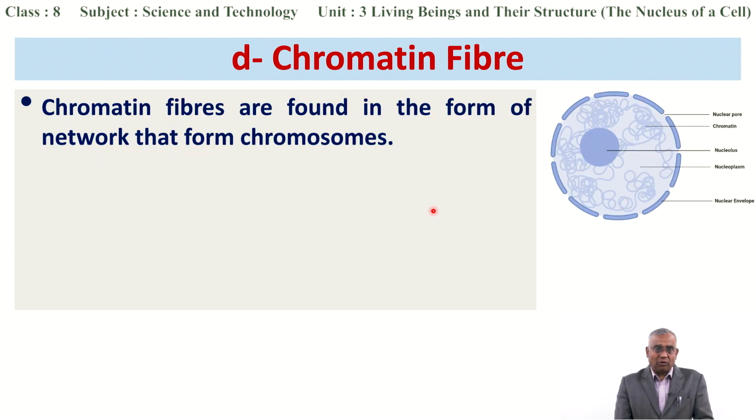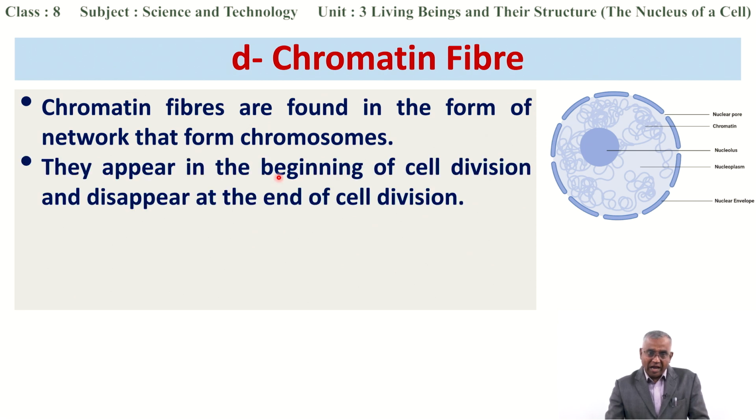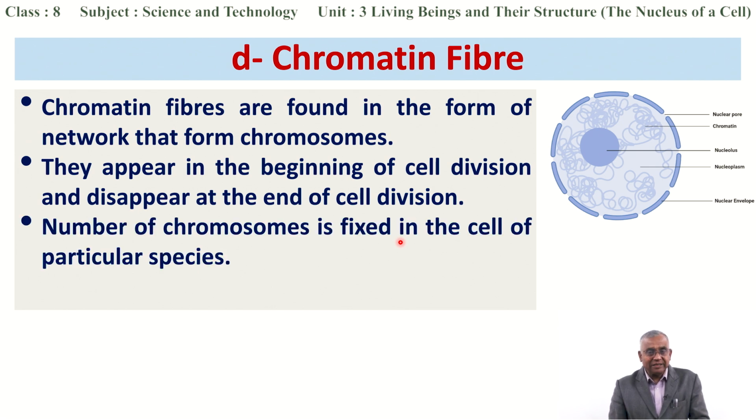Okay, so first thing, chromatin fibers are found in the form of a network that forms what? Chromosomes. They appear in the beginning of the cell division, so we have already finished about it, and disappear at the end of cell division, as in what? Yes, in the nucleolus.